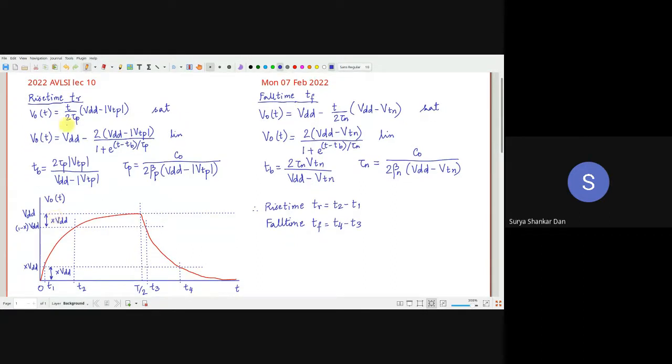These are the set of equations which we figured out for the rise time, that means when the voltage is increasing, and the fall time when the voltage is decreasing from VDD to zero.